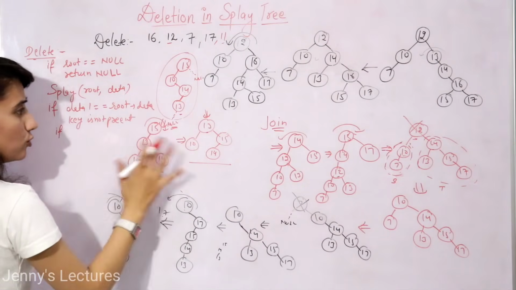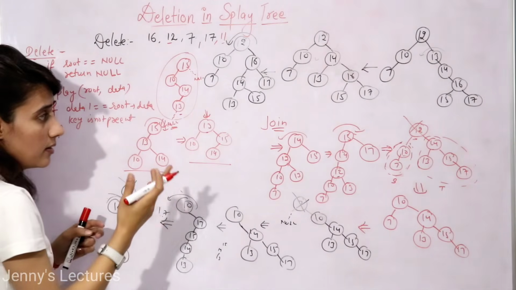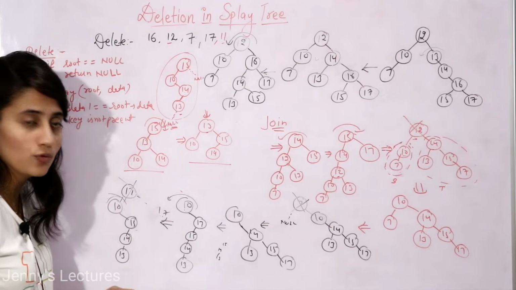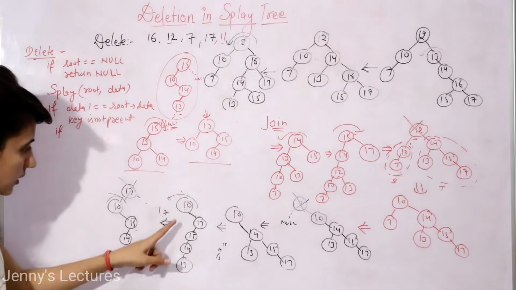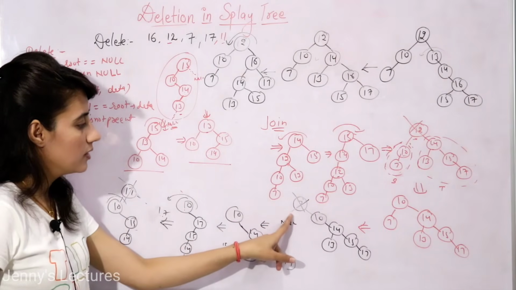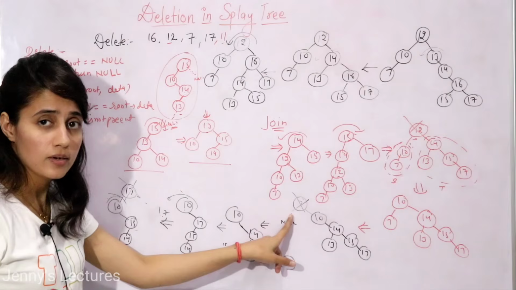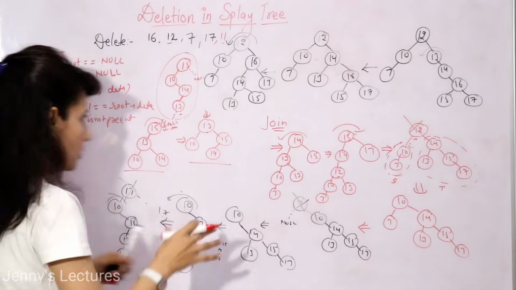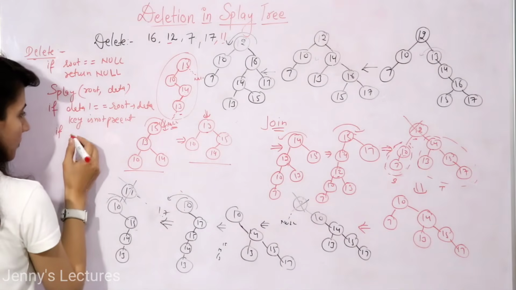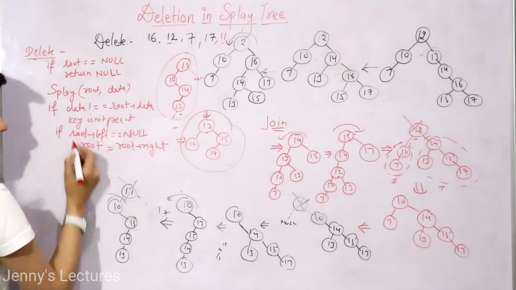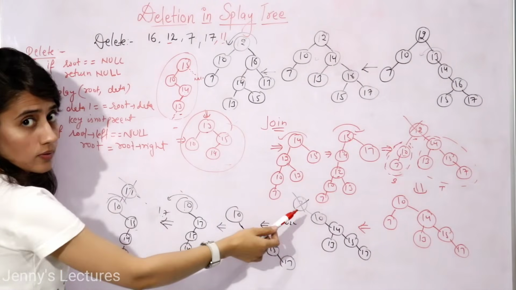So now here also we have some cases, like if the left subtree is null, in that case what you will do, like here we have done, in this case when we deleted the 7, the left subtree is null. So here we simply return that this would be the root of the tree. So now how you can write this down: if root of left, where root is this one, right?